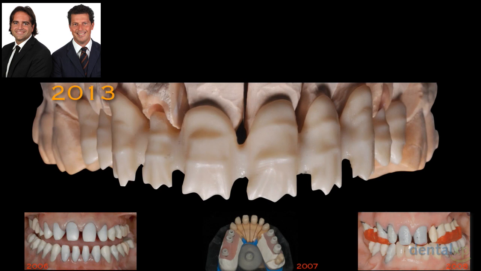It's very clear here how in 2006, 2007 and 2008 the designs of the framework were really linear, and now in 2013 you can see this particular design that tends to use the zirconia as a dentinal layer in order to increase the strength of the so-called weak areas.